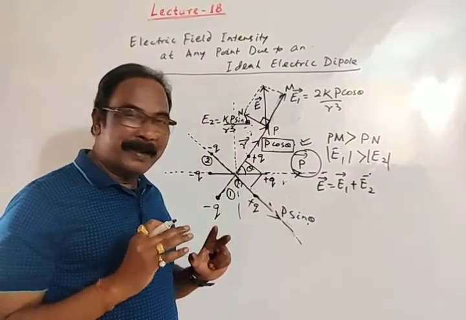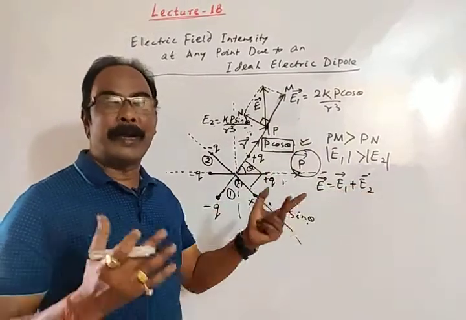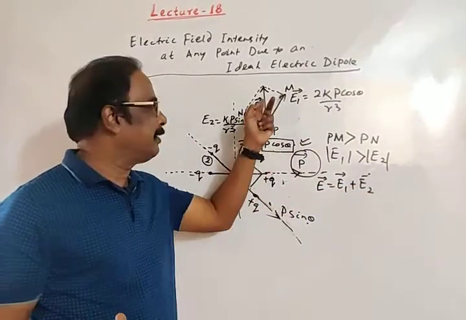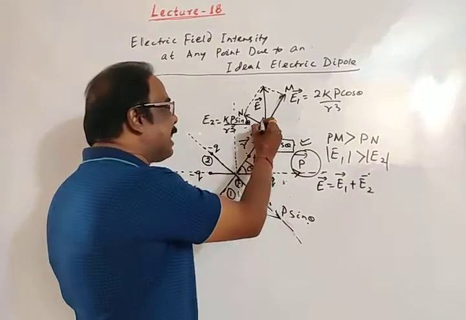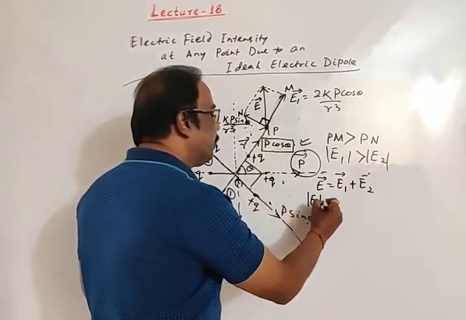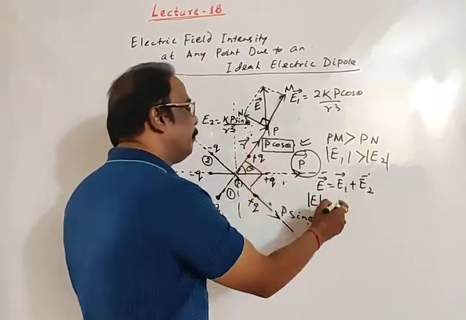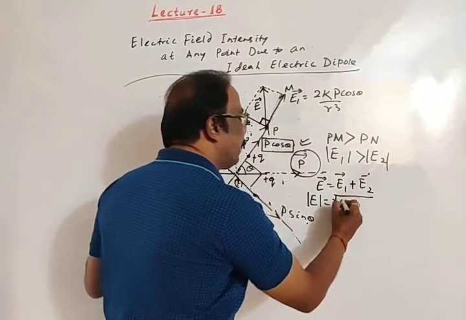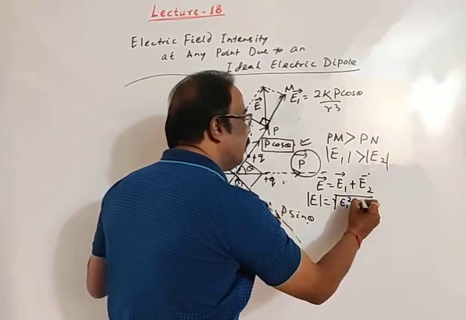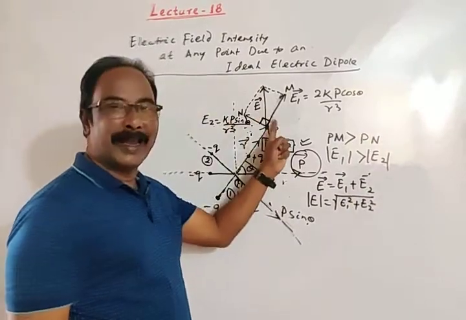In the method of vector addition, we add E1 and E2 vectors to get the magnitude of the resultant field intensity. Since the angle between them is 90 degrees, the magnitude of the resultant field intensity at any point P is given as square root of E1 square plus E2 square plus 2E1E2 cos 90.